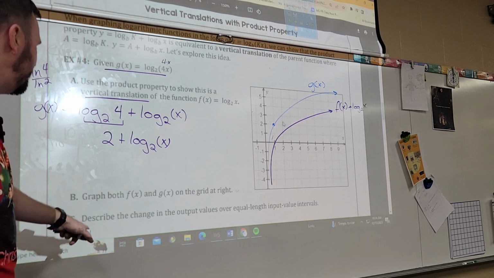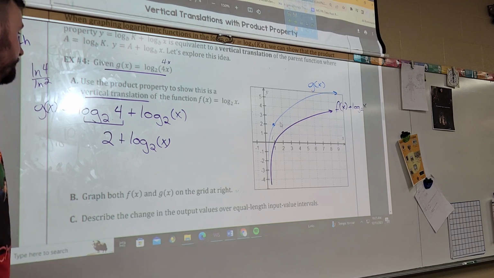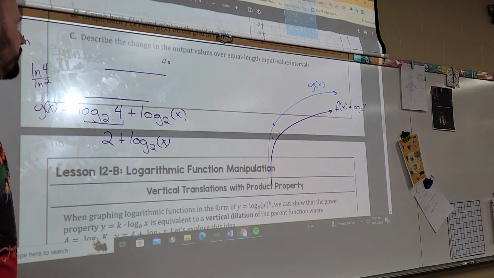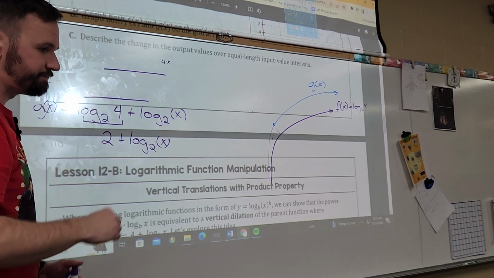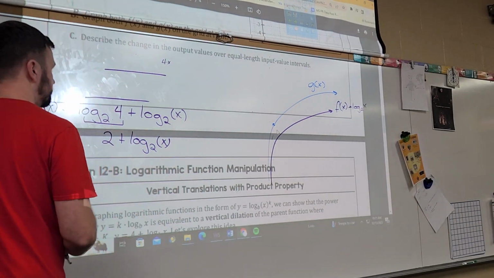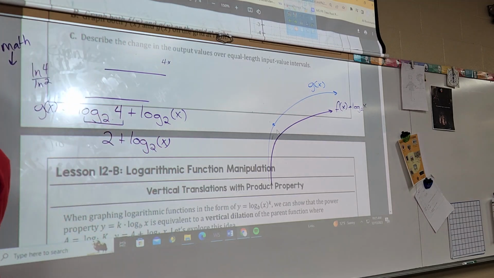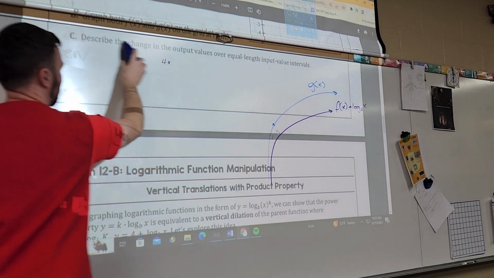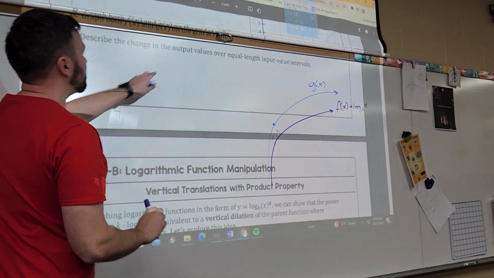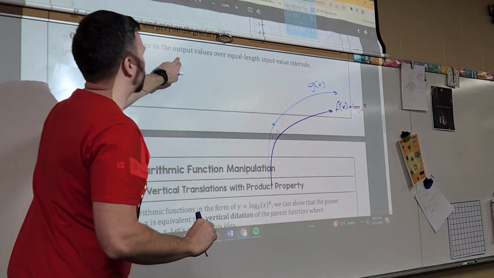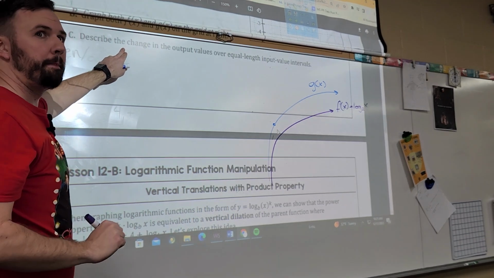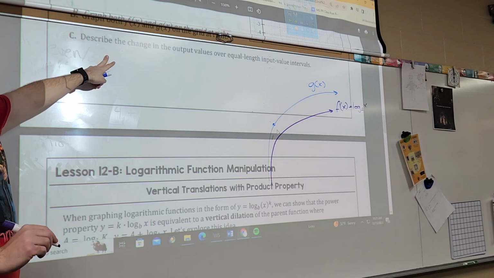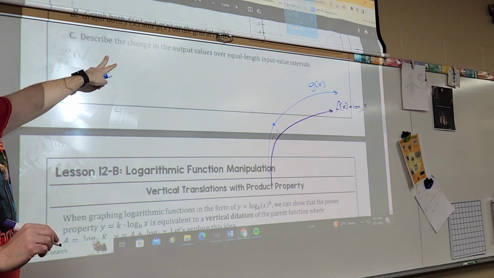Oh, I did it. Describe. How did I change my outputs? What a mess. How do I describe my output in terms of input? What increased, my x or my y? Y by what? 2.